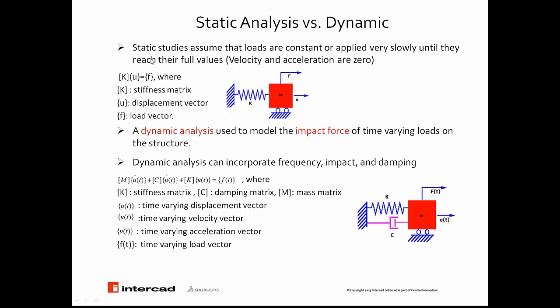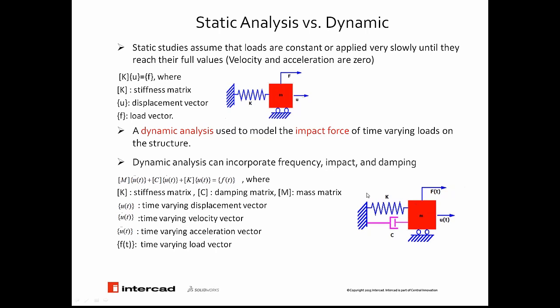The above equation is now modified: U double dot of t, the second derivative of displacement, times mass, which is MA; plus C, which is damping, one of the most important factors in any dynamic testing, times velocity; plus K, the stiffness, times displacement; adding all these terms equals the time-dependent force F of t.